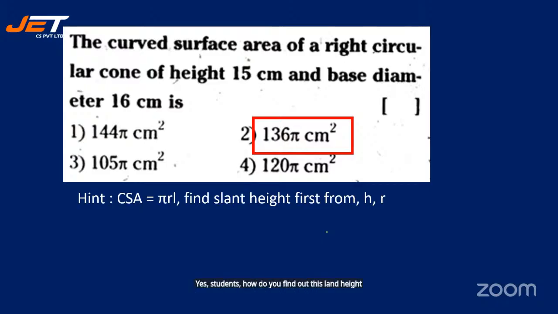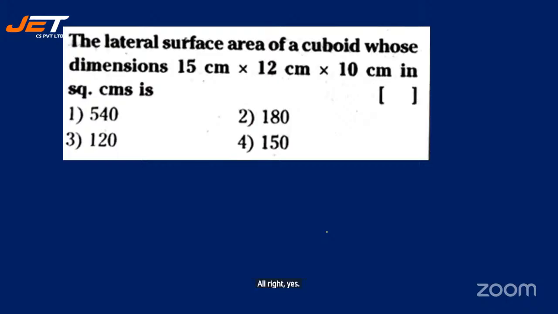It's nothing but the square root of your H square plus your R square. That's all. So with this, you will get your L, that is slant height. So your curved surface area is equal to pi into r into L. So L is your slant height. All right. Now let's move on to the next question.